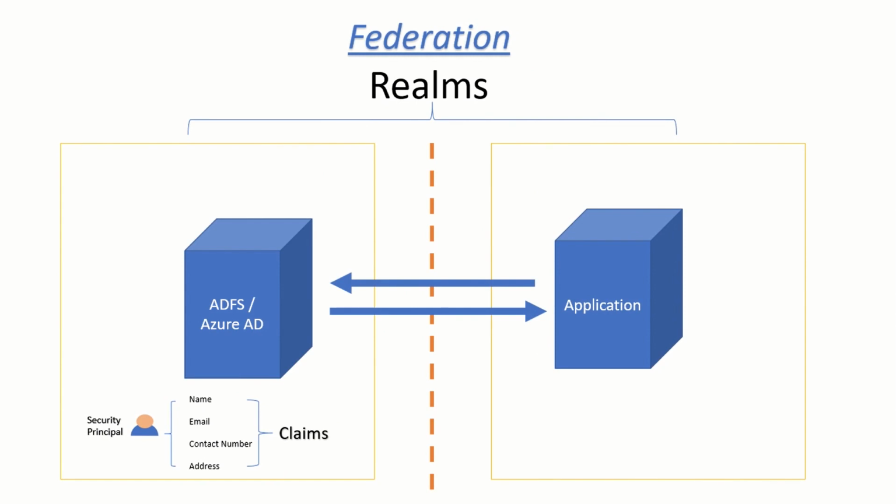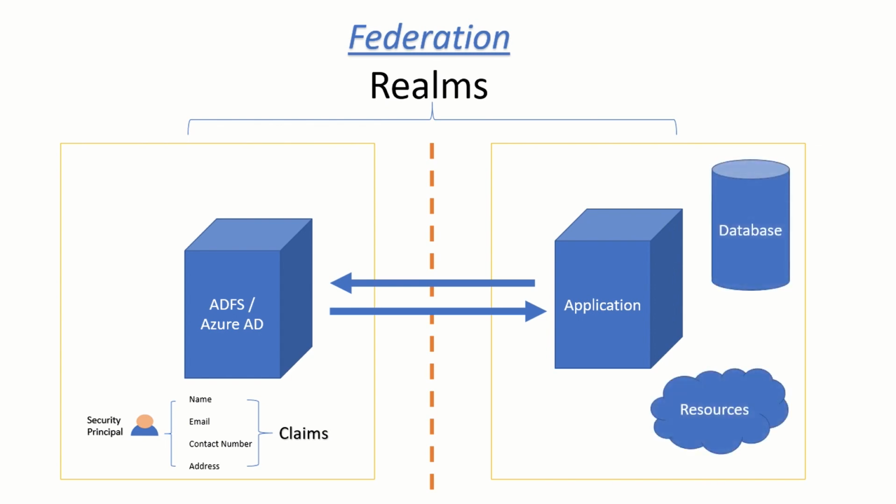So think about a scenario that there is an enterprise or a realm which has an identity provider, and there is a different enterprise or a different realm which is hosting the application, and this application is protecting resources that can be a database, APIs, or anything. So what we can understand as of now is that the security principal and the resource which the security principal has to access are both in different realms altogether.